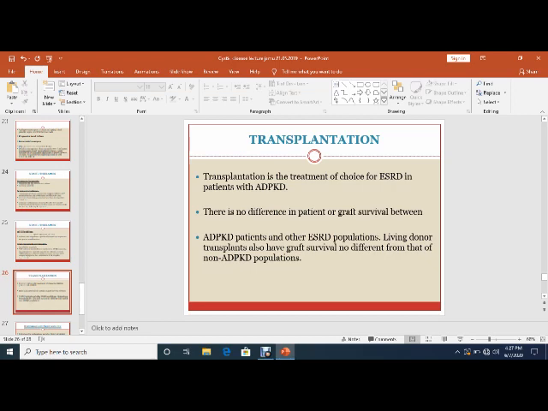There is no difference in patient or graft survival between autosomal dominant polycystic kidney patients and other end-stage renal disease populations. Living donor transplantation also has graft survival no different from that of the non-autosomal dominant population.